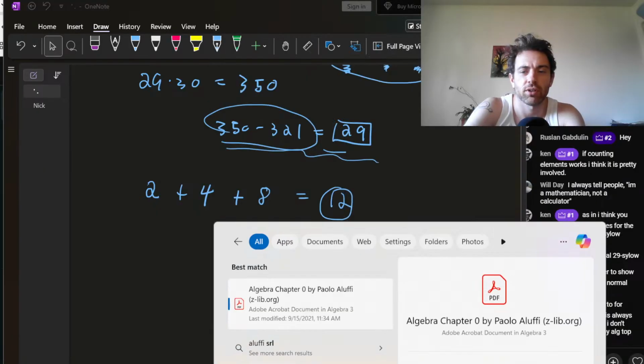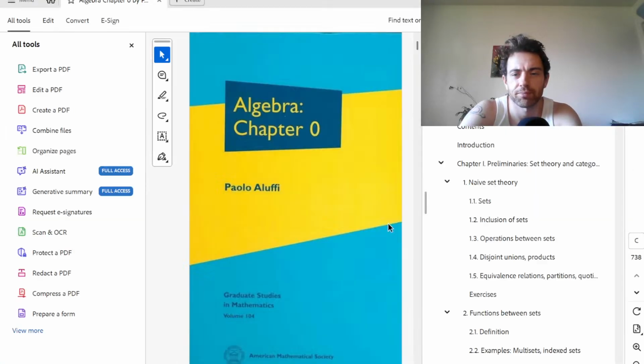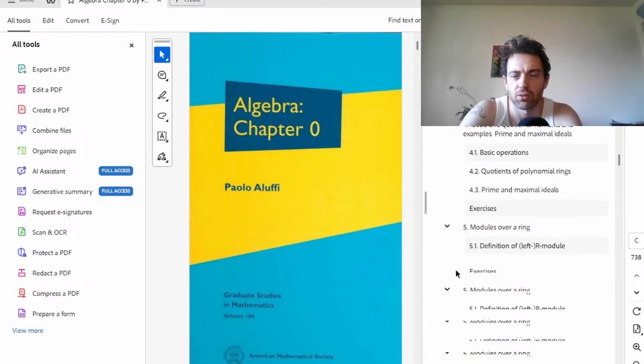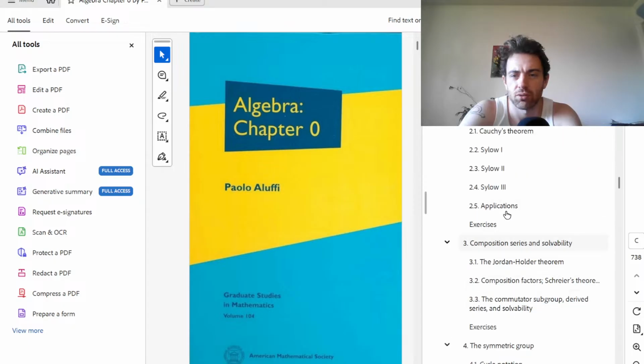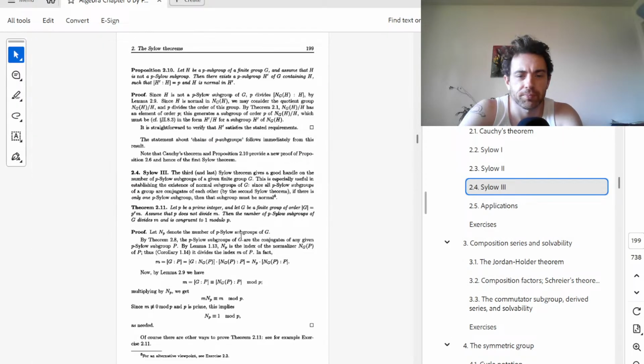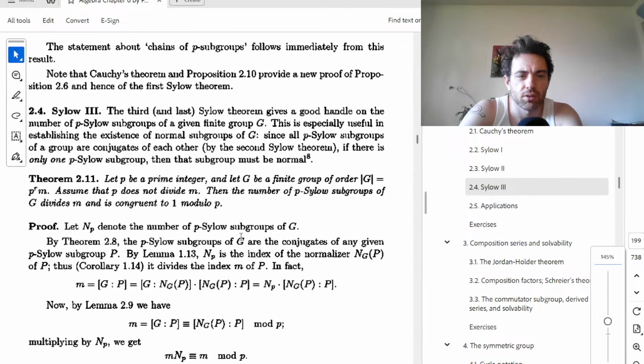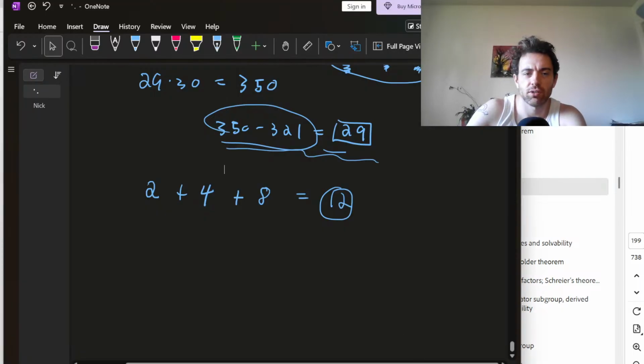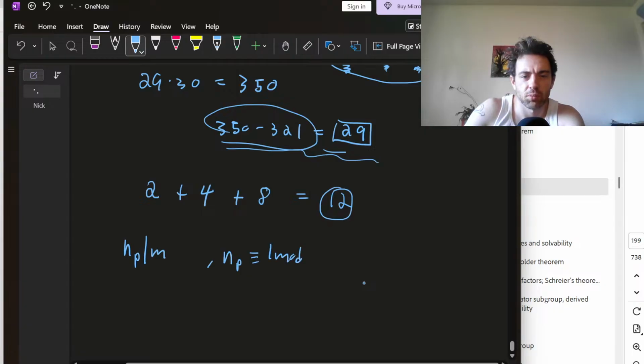I always forget the exact statement of Sylow 3. It divides M and is congruent to 1 mod P. Right. P divides M and is congruent to 1 mod P.